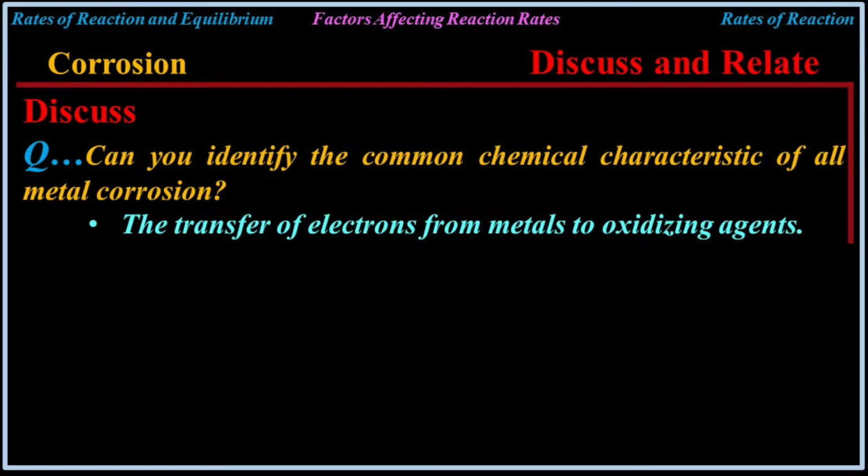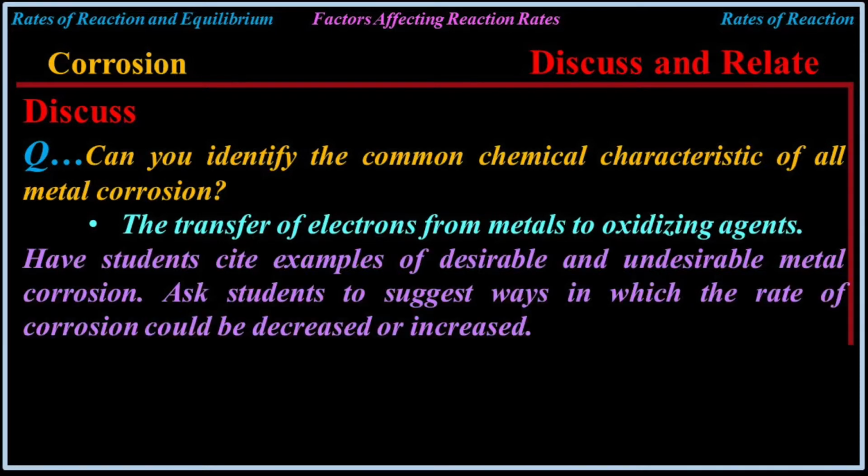Let's see. The transfer of electrons from metals to oxidizing agents. Have students cite examples of desirable and undesirable metal corrosion. Ask students to suggest ways in which the rate of corrosion could be decreased or increased.